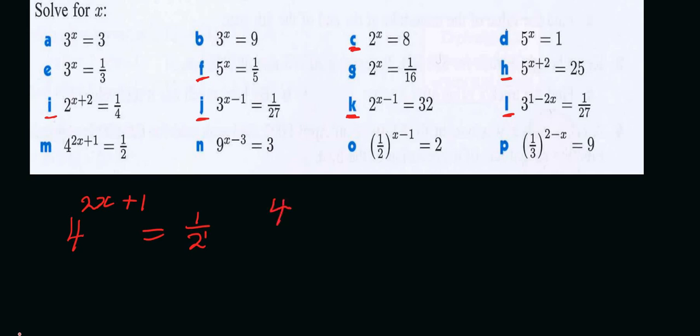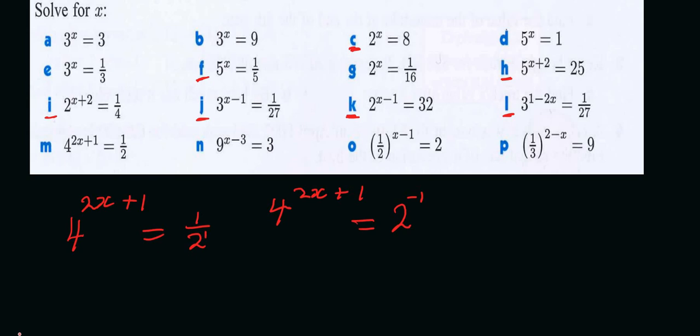So this becomes 4 exponent 2x plus 1 equal to 2 exponent -1. All right, so now you can see we have a base of 2 on the right side. So let's also try and make the base on the left side to be 2.